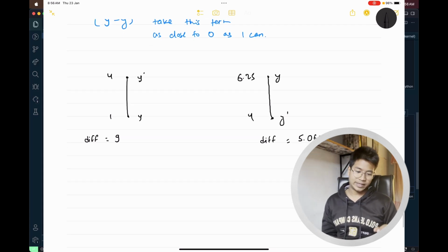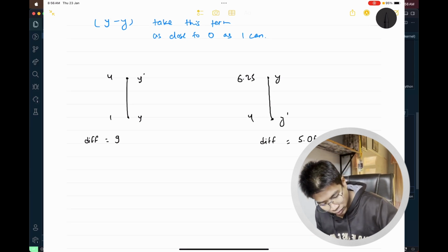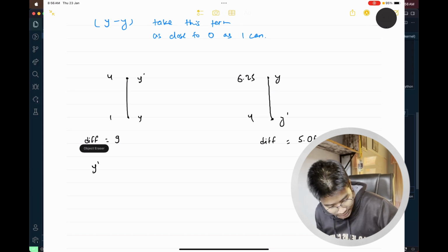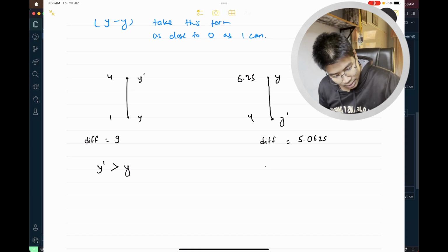So over here, if I want to minimize my difference, right, then when my y dash value, so this case is basically y dash being greater than y. You'd agree? And this case would be my y dash being smaller than y.